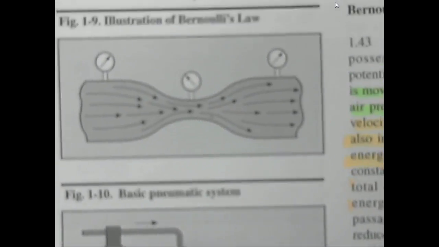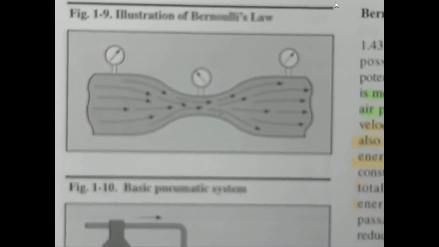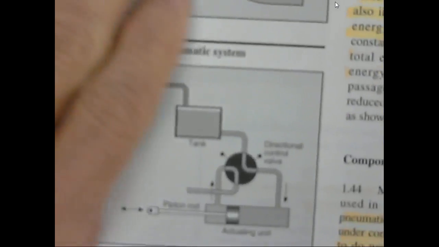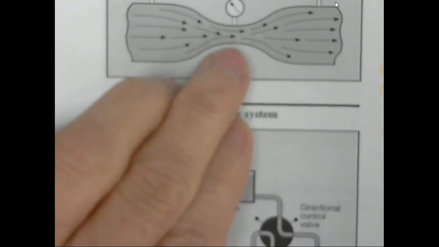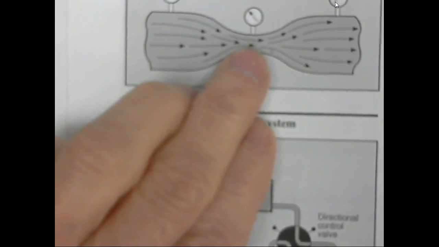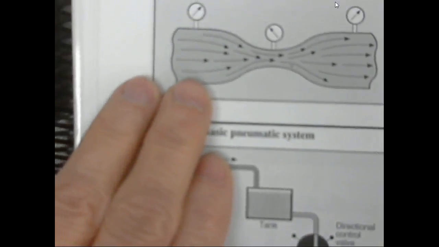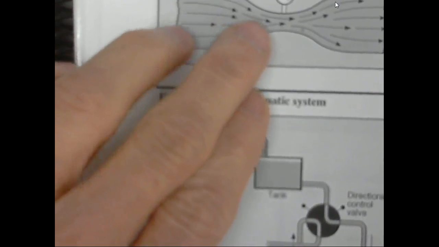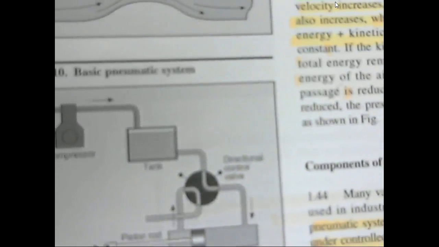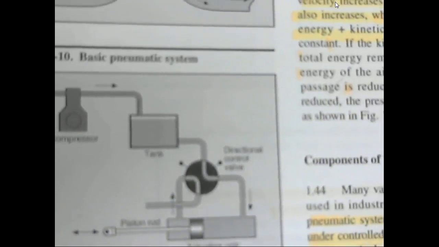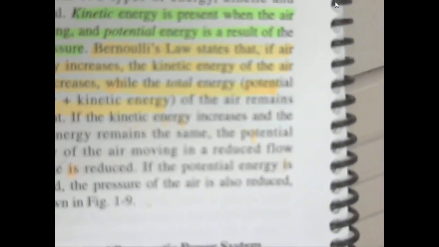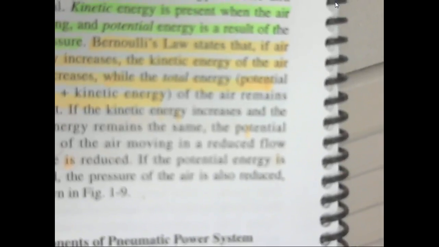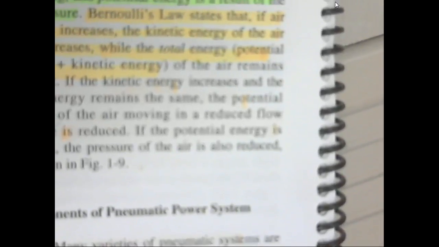So this is the Venturi effect, which is covered by Bernoulli's law. What a Venturi does is we have a size pipe and then we deliberately narrow the pipe, and then we expand it back out. What happens is when it moves, the velocity of the air goes up, right? That's not exactly true, I said that wrong.